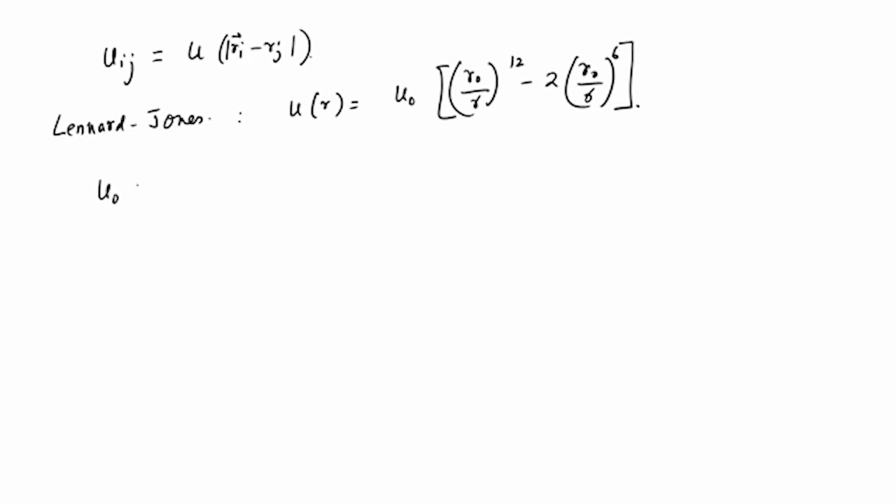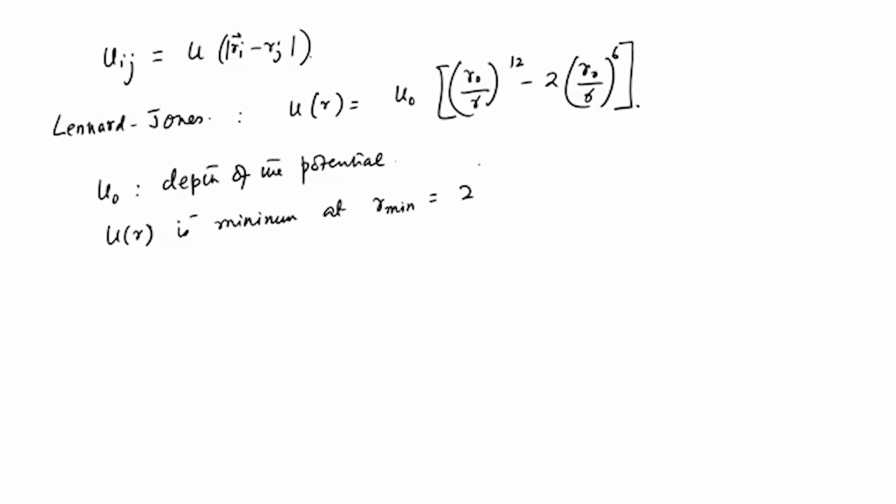So, u_0 denotes the depth of the potential, and r_0 is the distance, or rather this r_min, where the potential is minimum. So, this u of r is minimum at some r_min, which is equal to 2 to the power 1 over 6 times r_0, and so on.